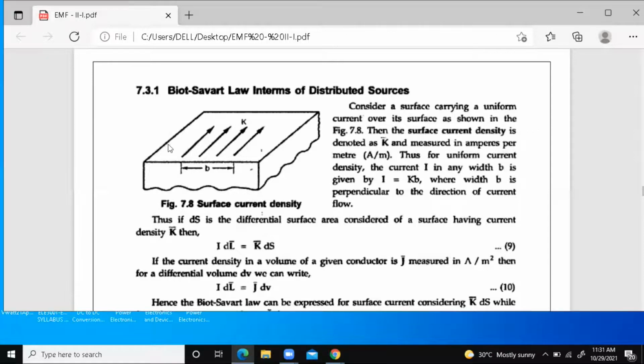K is current in amps per meter, and b is perpendicular to the direction of current flow.